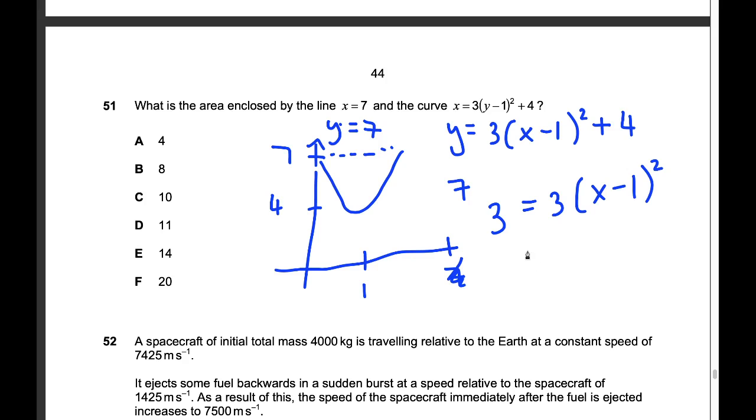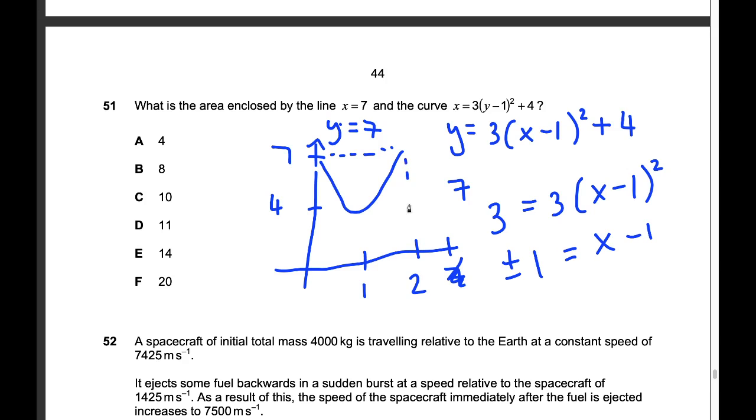I've square rooted. So we divide by 3 on both sides, and then we square root, so we've got plus or minus 1 equals x minus 1. So the other x value is just going to be 2.